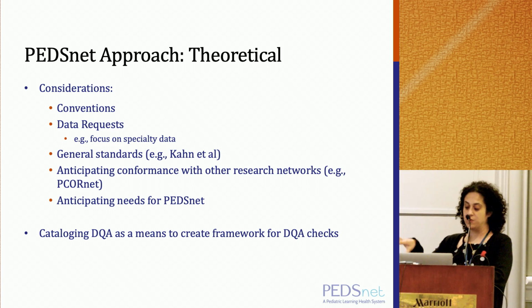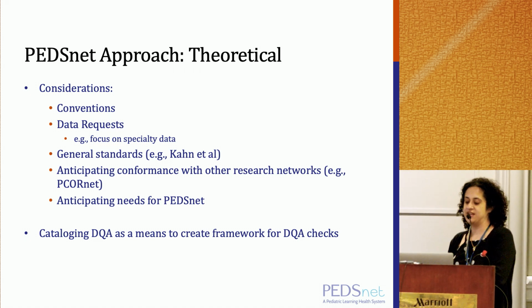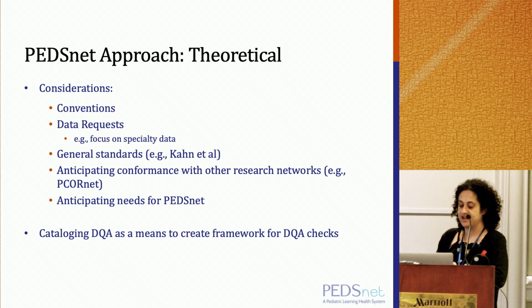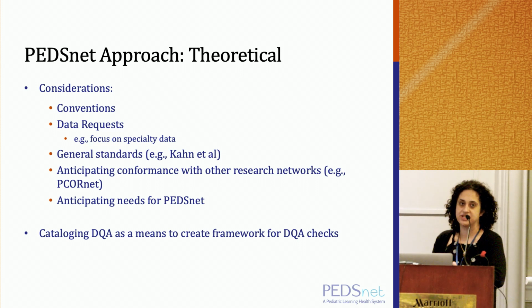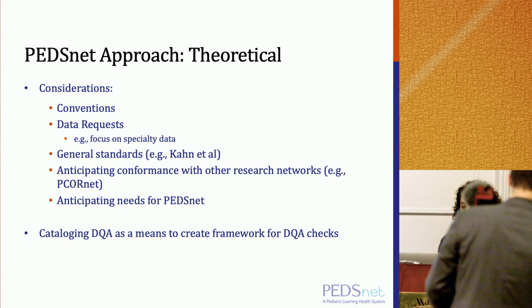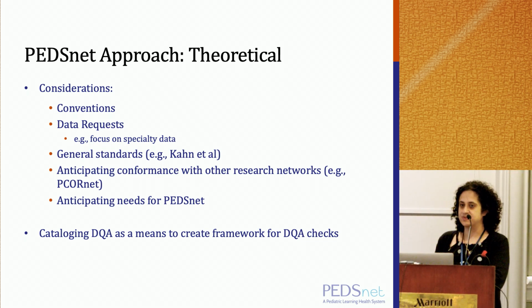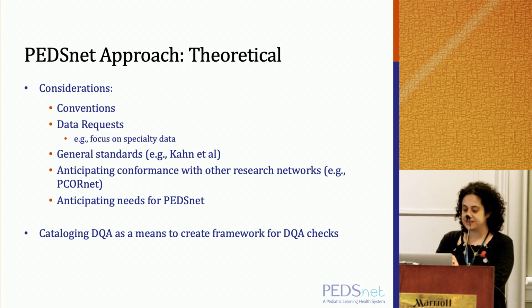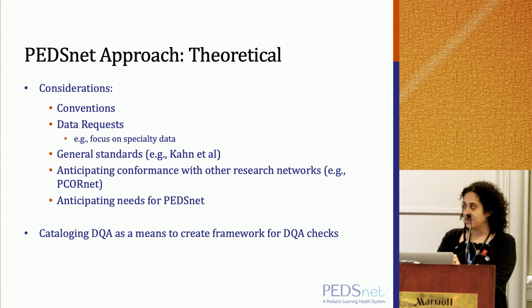We use that data for data quality, query fulfillment, research, data science, data modeling, and whatever else we want to use the network for. We have about 6 million children in this database now.